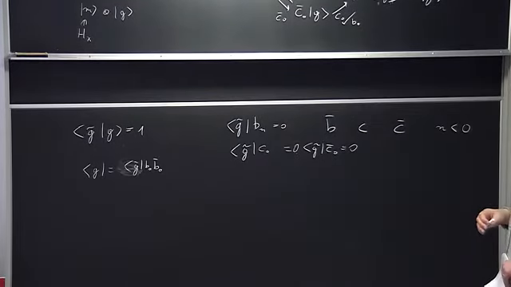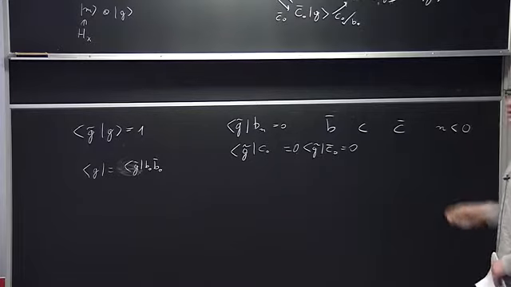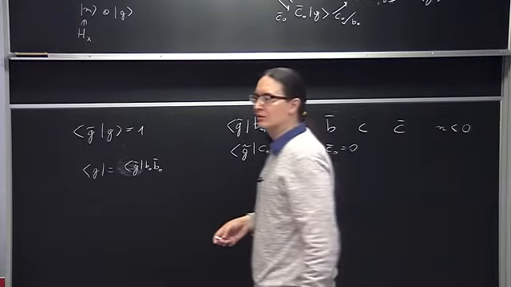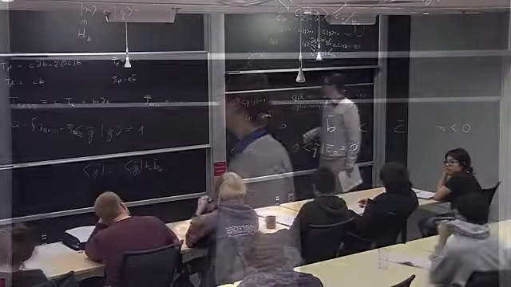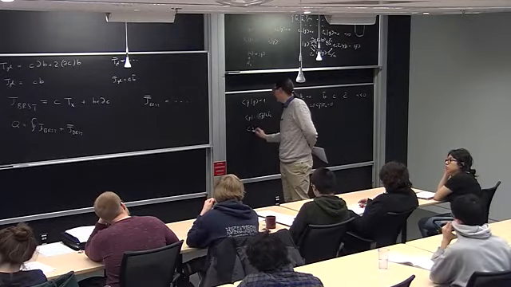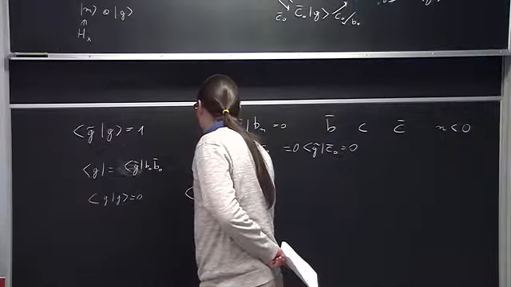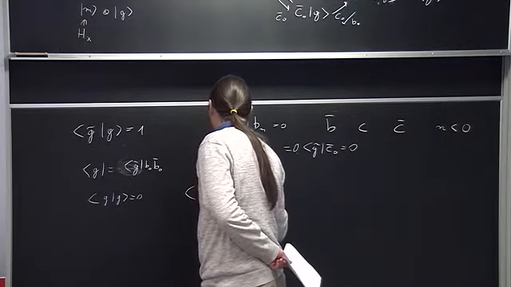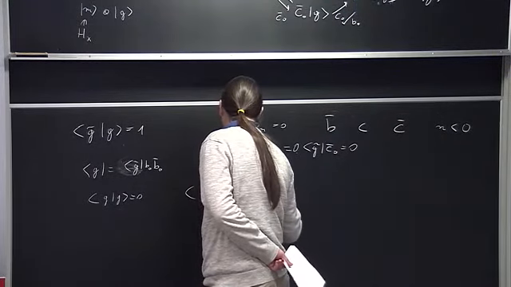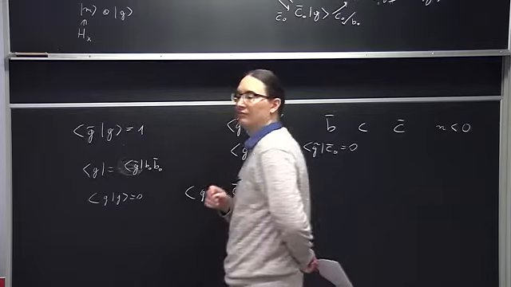But then, the inner product of this bra G with ket G is 0? That's right. So it is 0. On the other hand, G C0, C0 bar G is 1.